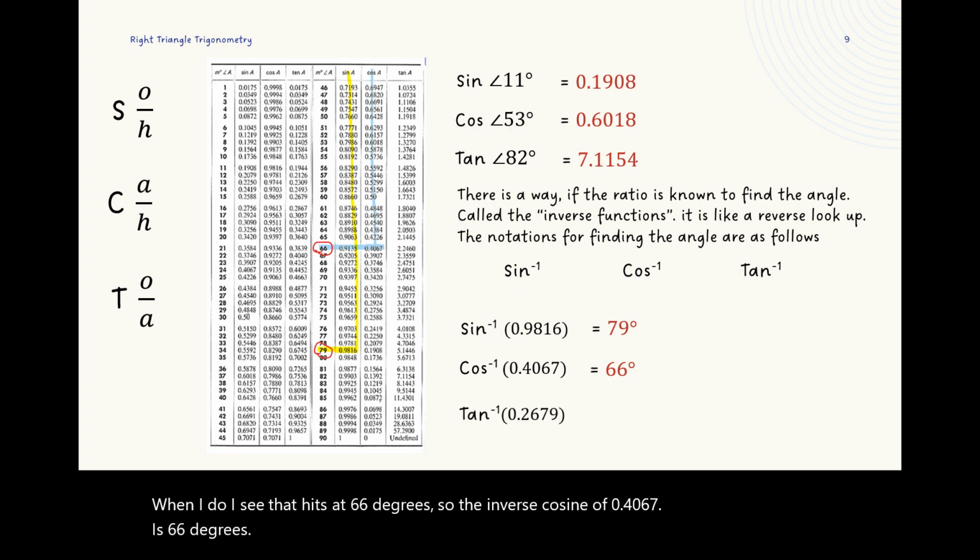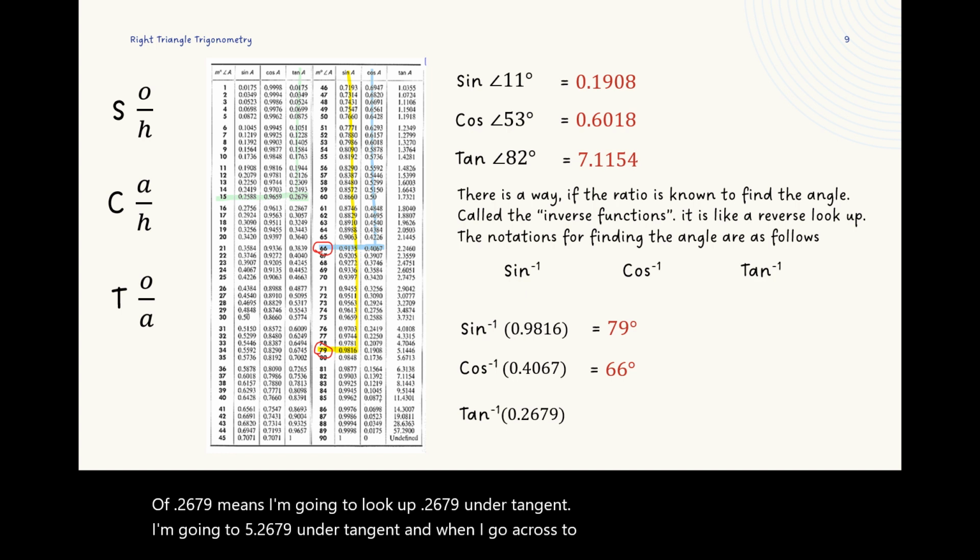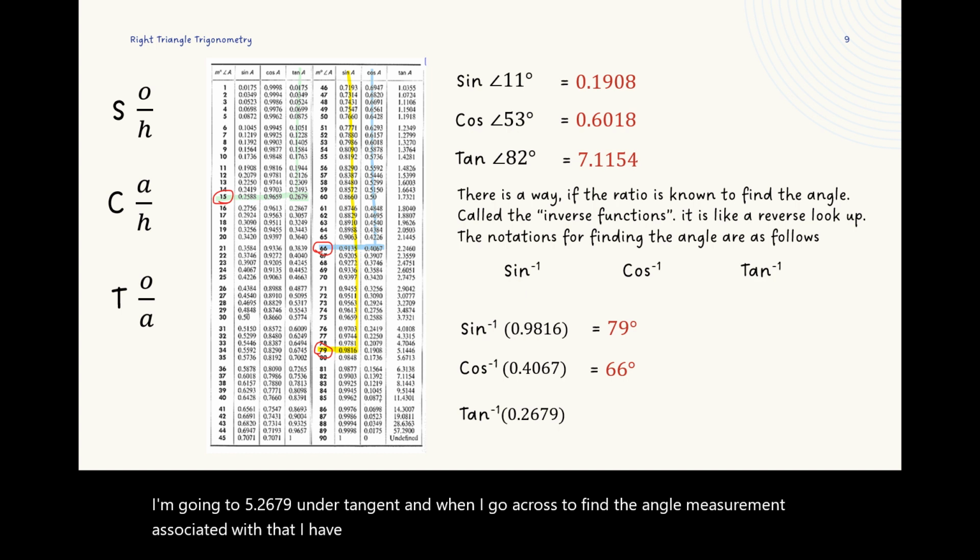The tangent inverse of 0.2679 means I'm going to look up 0.2679 under tangent. I'm going to find 0.2679 under tangent. And when I go across to find the angle measurement associated with that, I have 15 degrees.